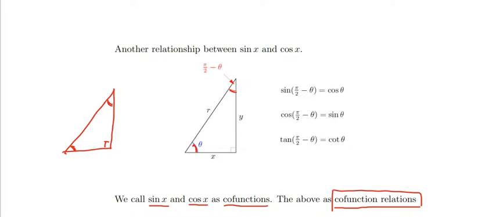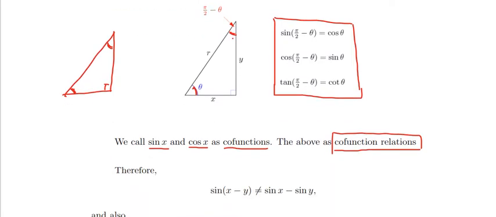In general, not only from a right triangle, sine of this angle equals cosine of that angle, cosine of this angle equals sine of that angle, and tangent equals cotangent. So sine of pi over 2 minus theta becomes cosine theta.